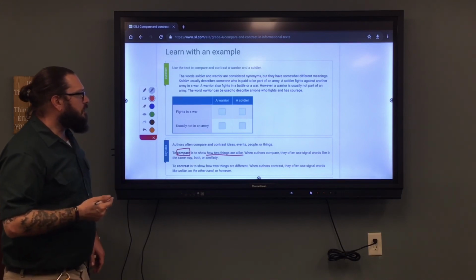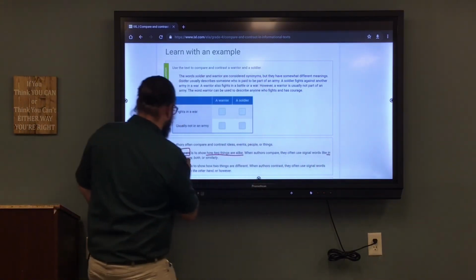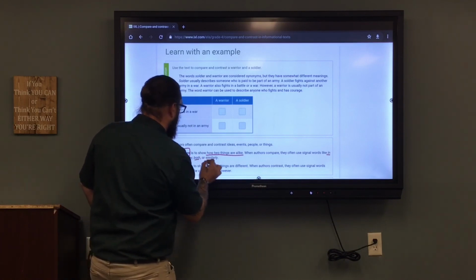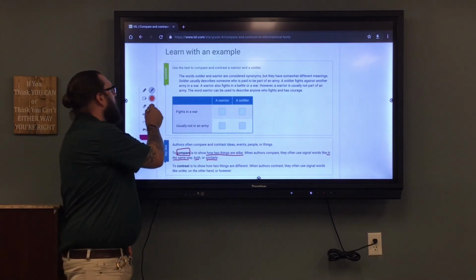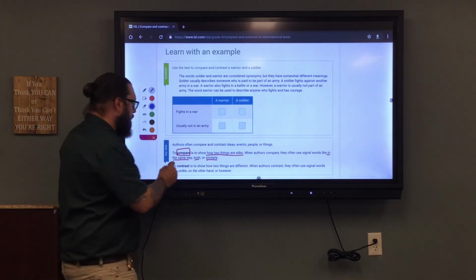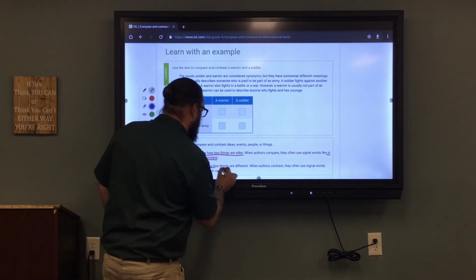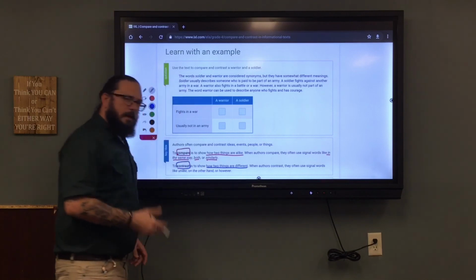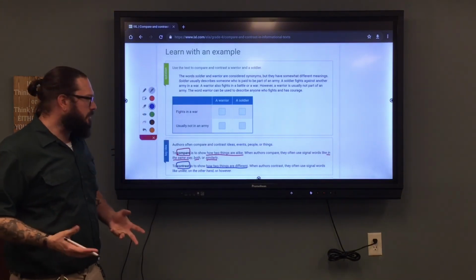And they may use signal words such as in the same way, both, or similarly. Now, when they make a contrast, what they are doing is examining how two things are different. So comparison looks for similarities, contrast looks for differences.